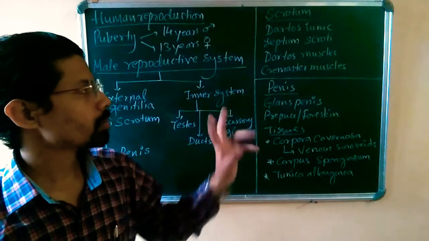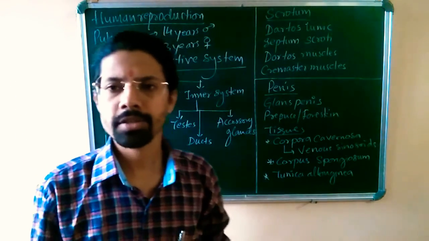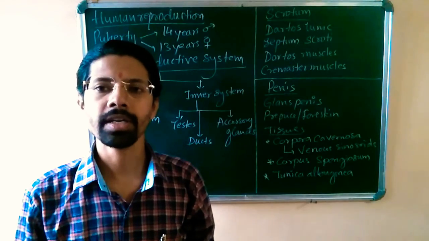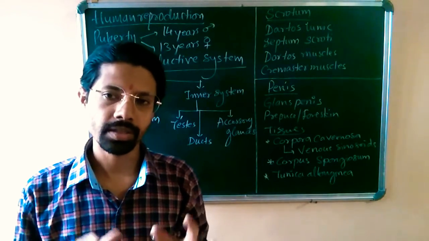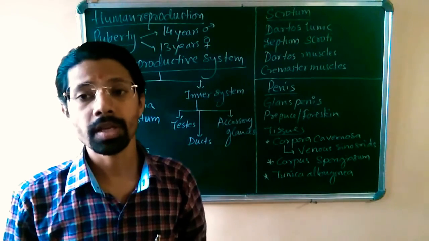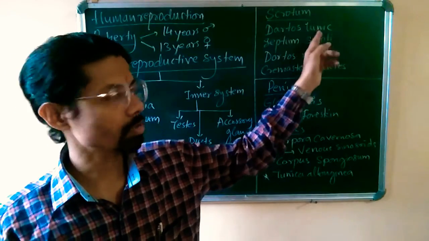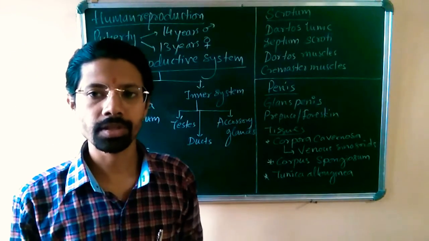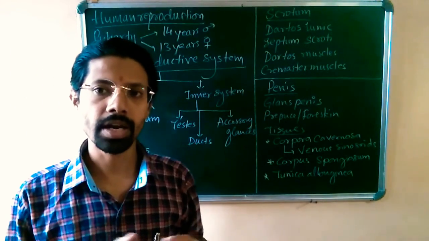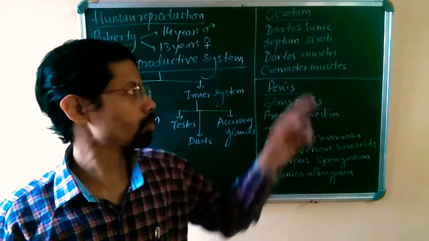So if we talk about the scrotum, so scrotum generally is an extension of the abdominal cavity through the inguinal canal. There is extension of a skin pouch. The skin generally consists of a layer of muscular tissue continuously called the dartos tunic. So this dartos tunic extends with the help of the skin and forms a sac-like structure called scrotal sacs or scrotum.